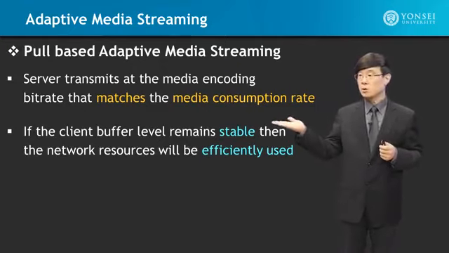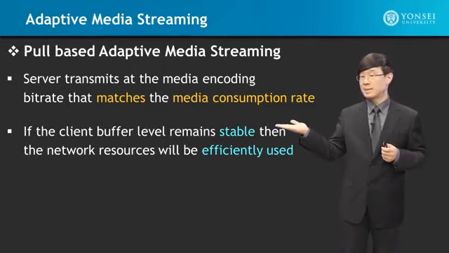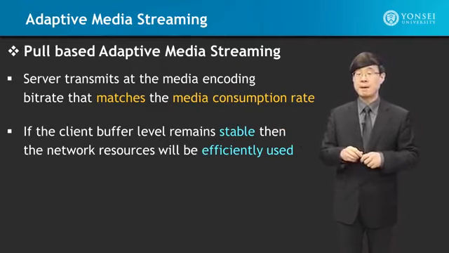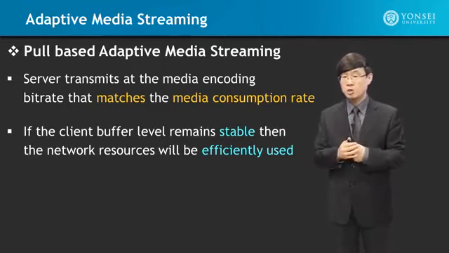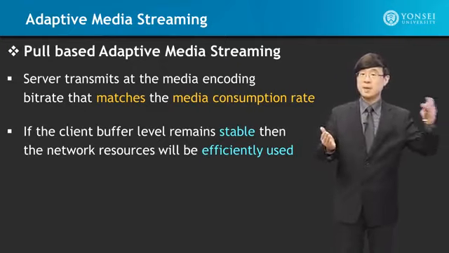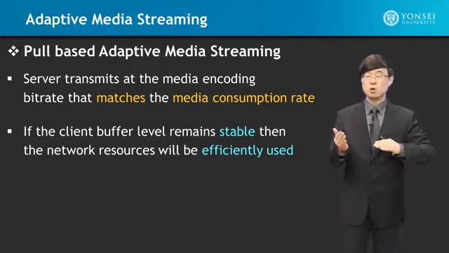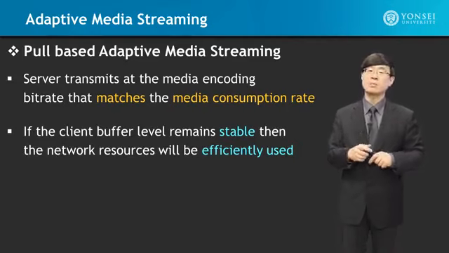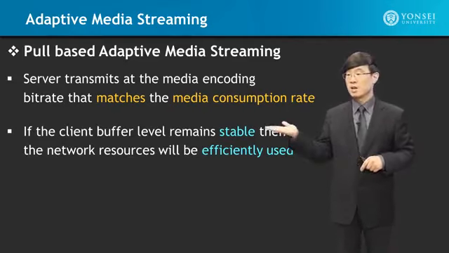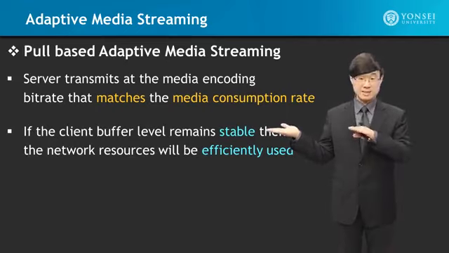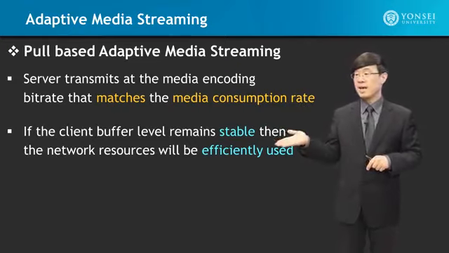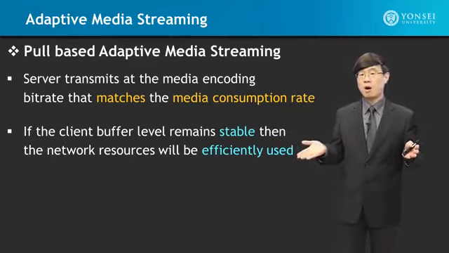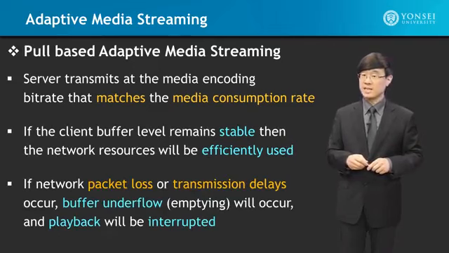For instance, in order to have the buffer level remain stable at the client device, which is your PC, laptop, or smartphone, that means that the speed of how the video packets are consumed and displayed on your display and the speed of how the packets are arriving into your buffer, your memory, are approximately the same rate, such that the overall buffer level remains stable, meaning that it's coming in and going out at the same rate. Then, in these cases, the network resources are very efficiently used, and that's good.